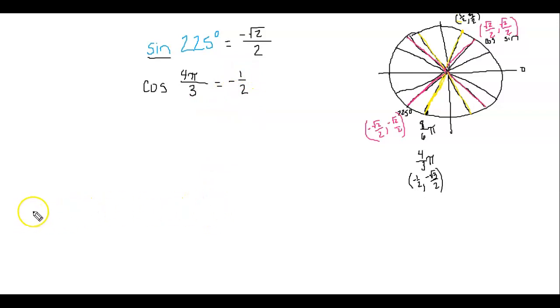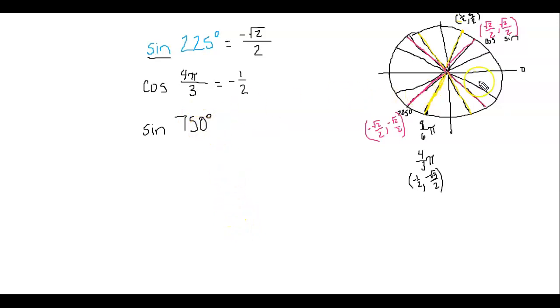Now, we also learned last week that you can go around the circle more than once. We could have a very large angle of some sort. So let's say I was asked to find the sine of 750 degrees. Well, that's really big.